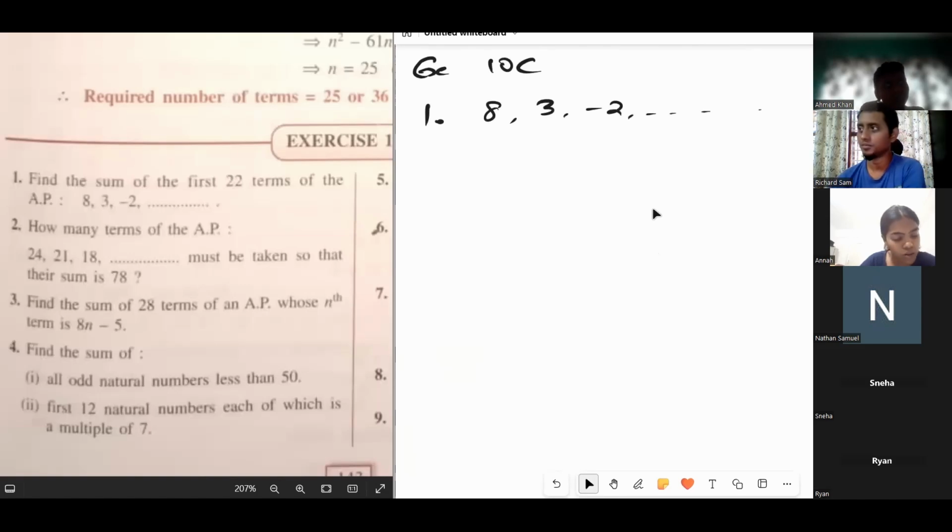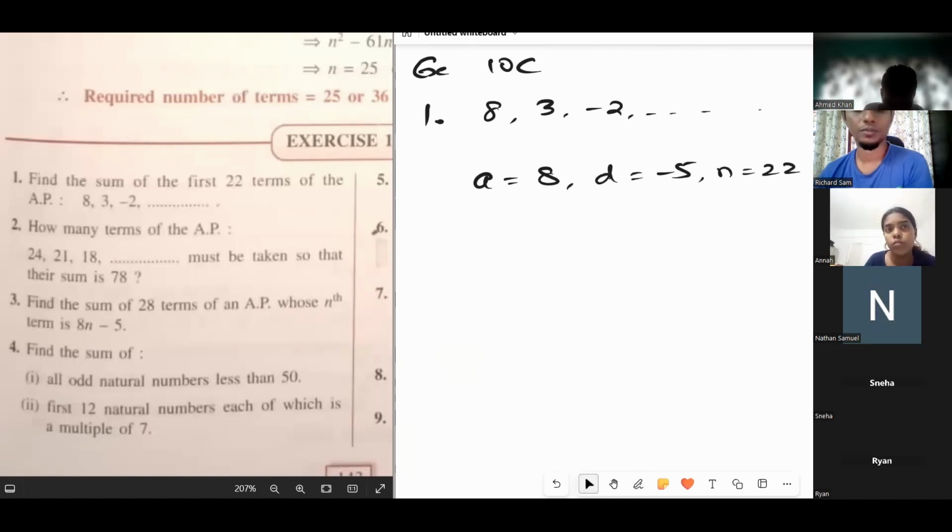What did you get? Minus 979. Okay, A is 8. D is minus 5. Right? And yes, 22 terms, so N is 22. Formula is what?